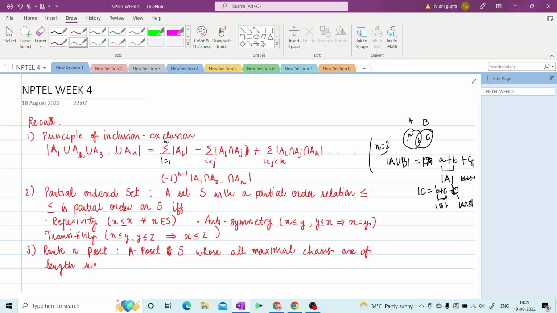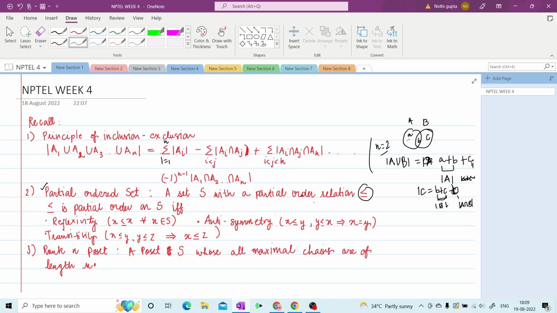Secondly, a new concept was introduced, that of a partial order set. A partial order set is a set S which has a partial order relation, motivated from the relation less than or equal to. This relation has to satisfy three properties. First is reflexivity: x is less than or equal to x for all x in S. Then anti-symmetry: if x is less than or equal to y and y is less than or equal to x, then x equals y.